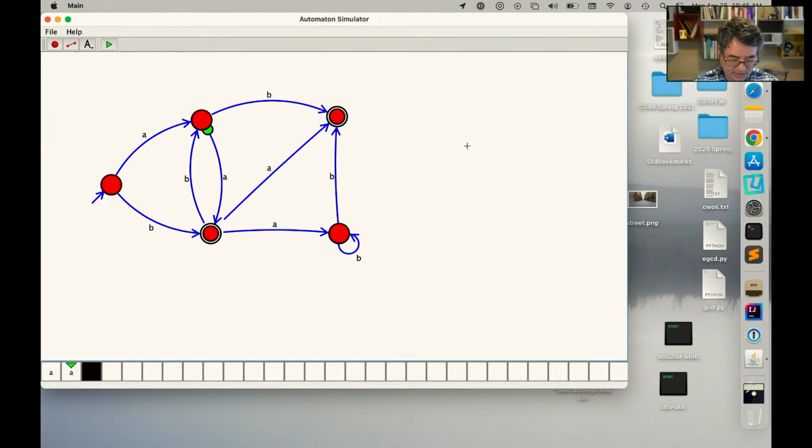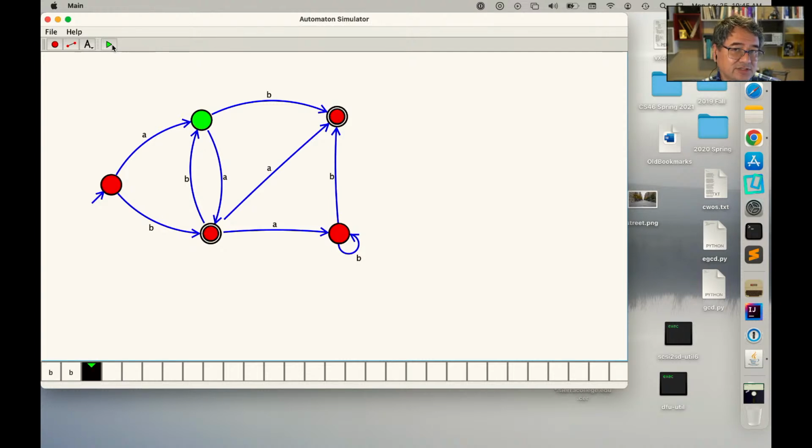What about A, B? So that is not acceptable. It did not end up on an accepting state. If I do A again, and then B, so that was A, A, B, that also ends up on an accepting state. How about B, B? That works.